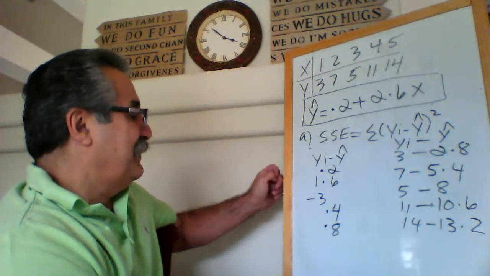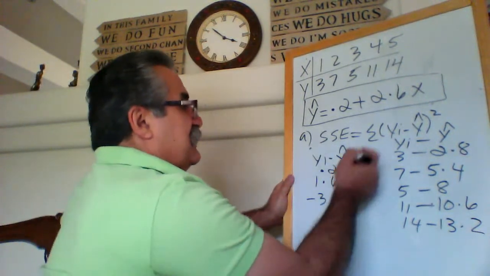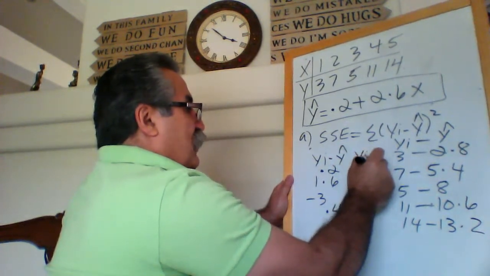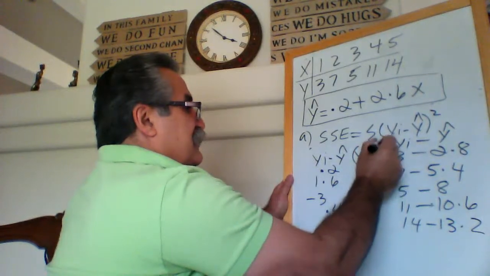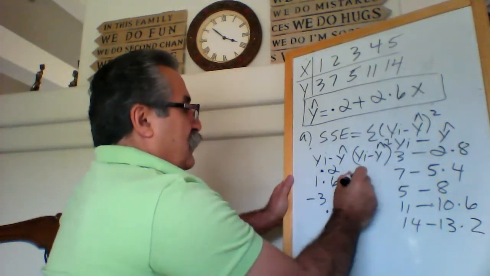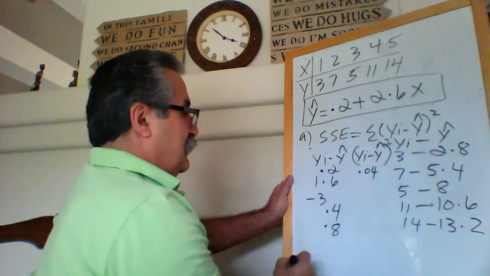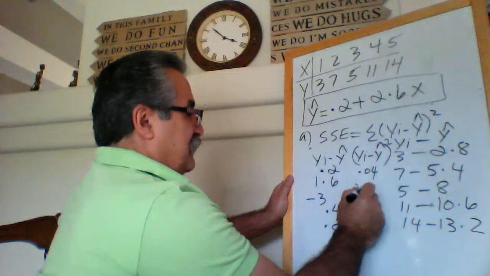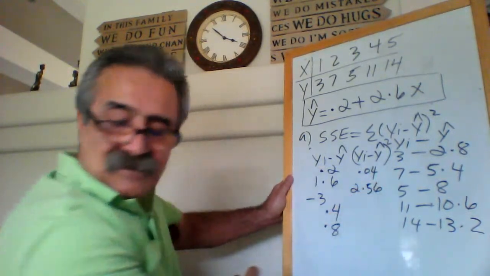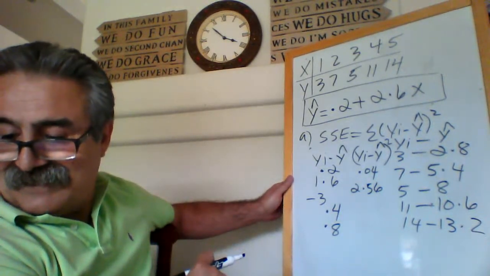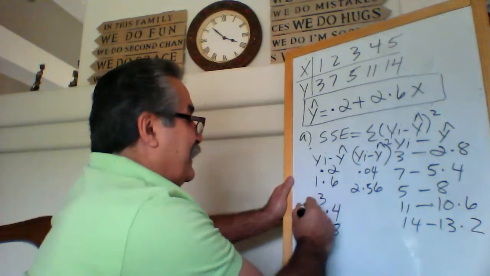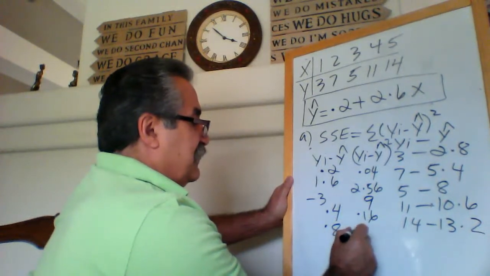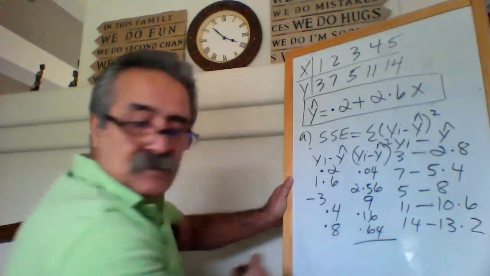Okay. Now we have to square this, then add them all up. Yi minus y hat squared: 0.04, 2.56, I think. This is 9, -3, that's 9. This is 0.16, and this is 0.64.